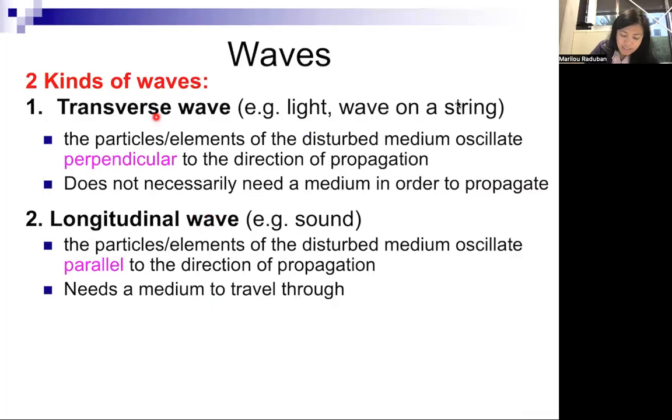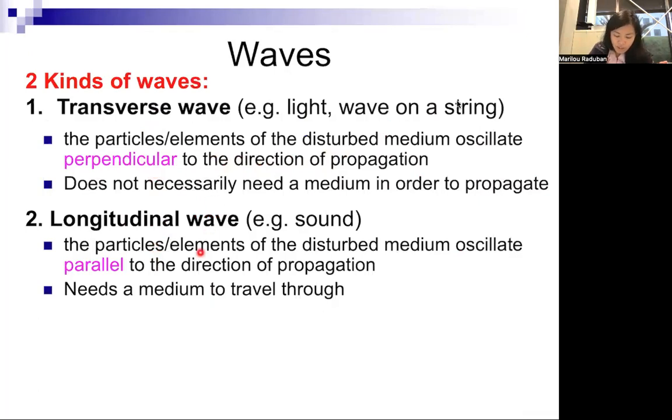Right, but first let's compare and contrast transverse and longitudinal waves. For transverse waves, the direction of propagation of the wave is perpendicular to the direction of oscillation of the particles.